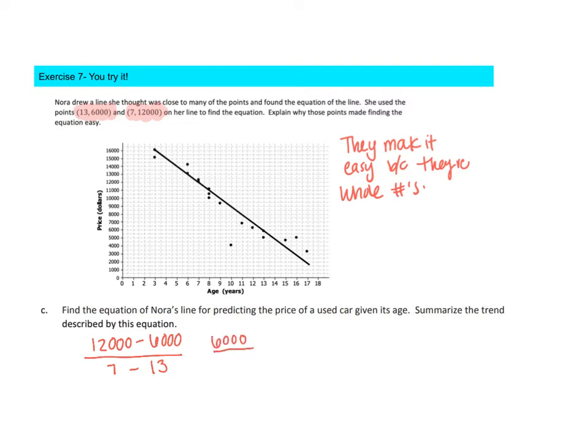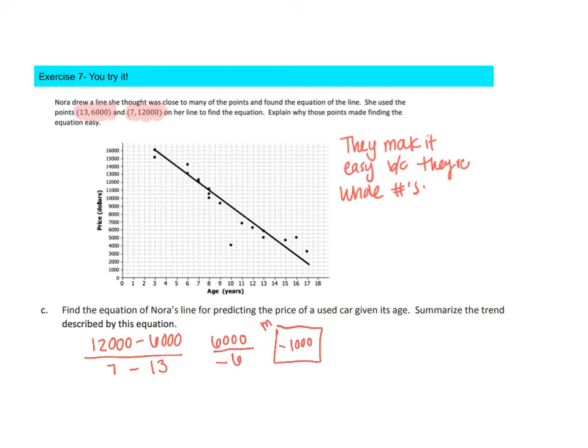And 7 take away 13, this is going to be negative 6. When we simplify this, 6,000 divided by negative 6 comes out to negative 1,000. So this is our m value.